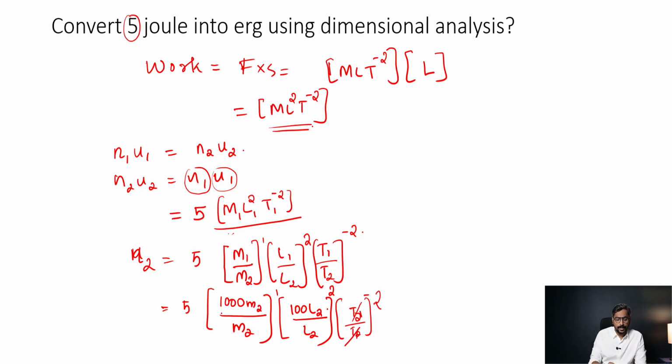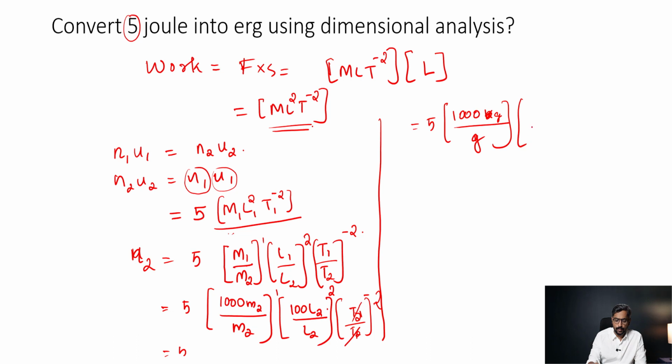So more precisely, you can write this in a different way: five into 1000 gram divided by gram, into 100 centimeter divided by second, raised to 2, raised to minus 2.